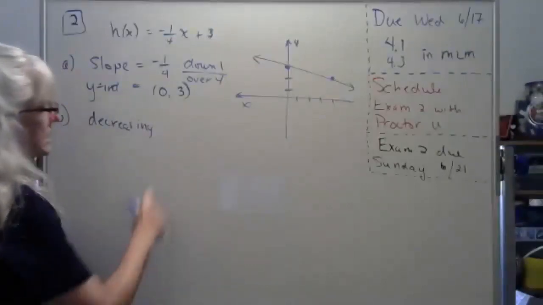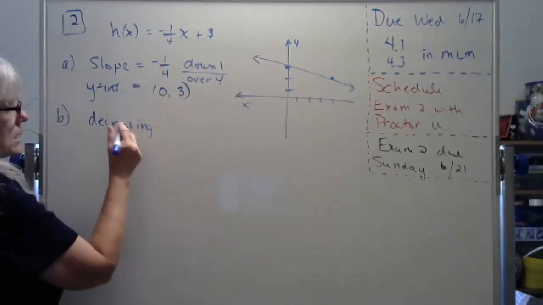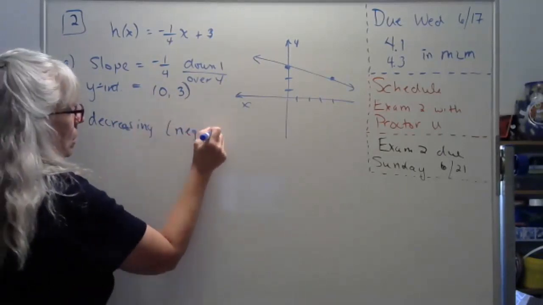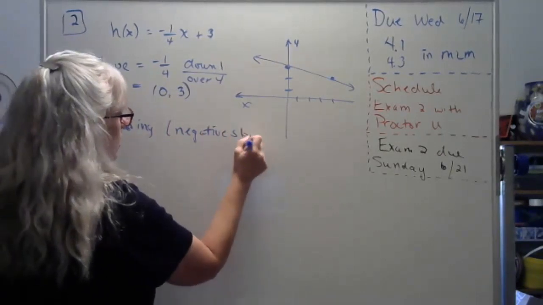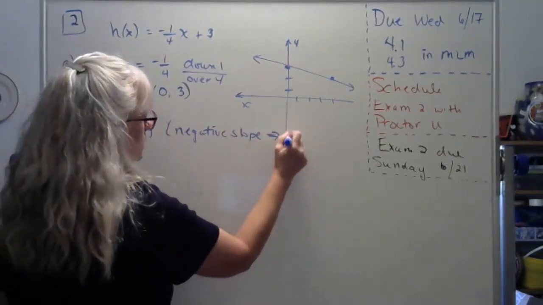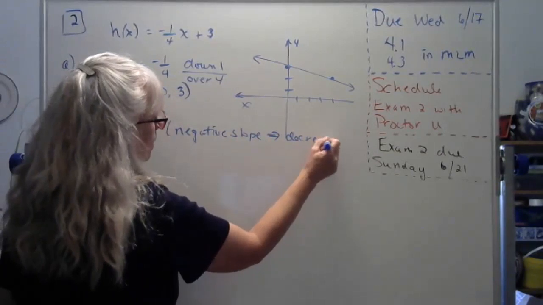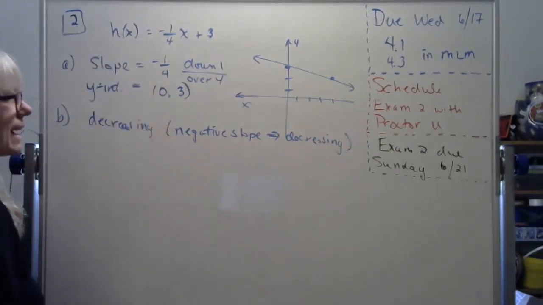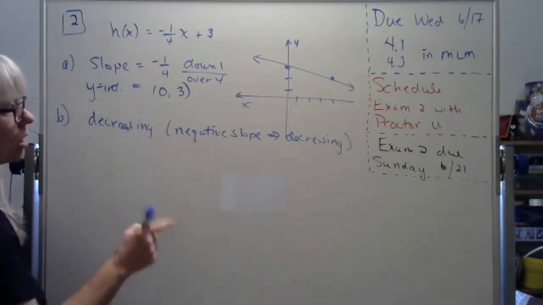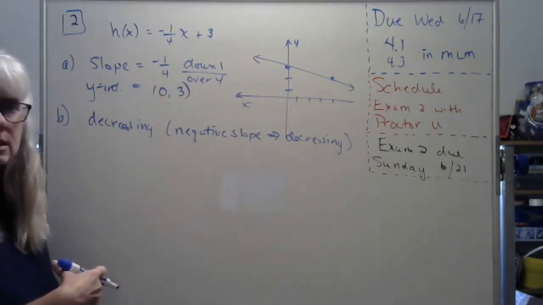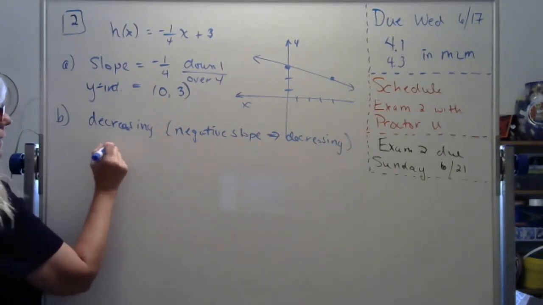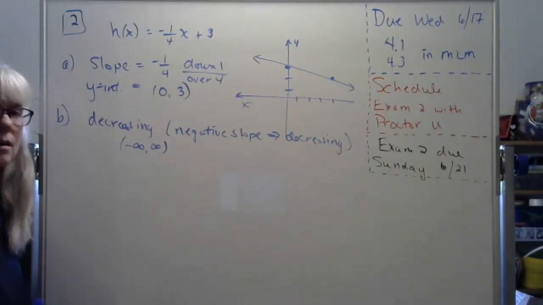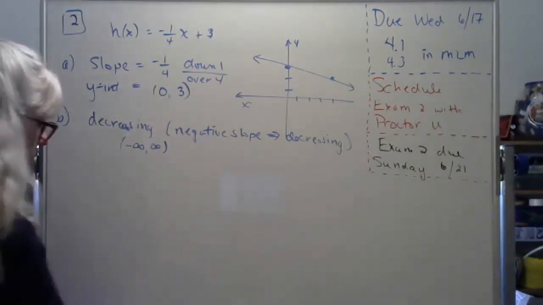And the slope is actually telling us that. A negative slope tells us that it's decreasing. The picture also tells me that, but if I didn't graph it, the slope alone would tell me that. And it's decreasing all along its length. So tying into what we did in the previous chapter, it's decreasing from -infinity to infinity. You don't have to write that because it's assumed because it's a line.